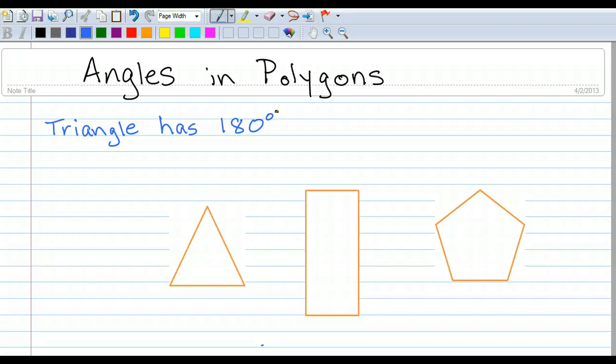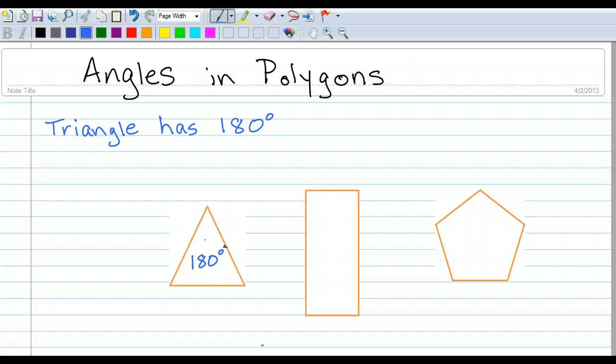So here we have a triangle, and this will add up to 180 degrees. So if we can take a polygon and divide it up into triangles, then we can figure out how many degrees are in that polygon.